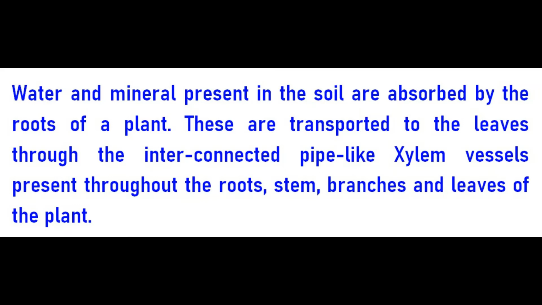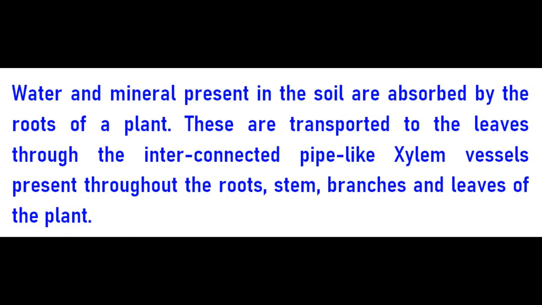They are an interconnected pipeline. Xylem is a tissue. It carries water. And xylem is present throughout the roots, stems, branches, leaves, all over the plant. Water goes through this xylem tissue network to the leaves.